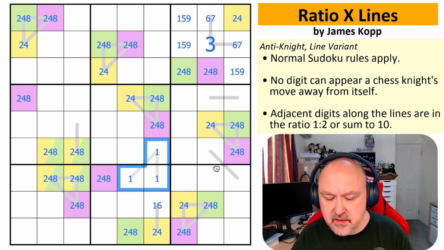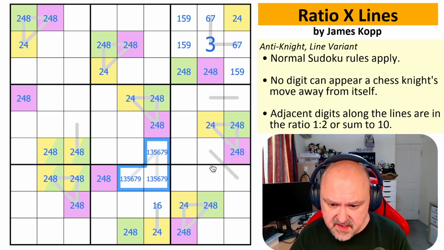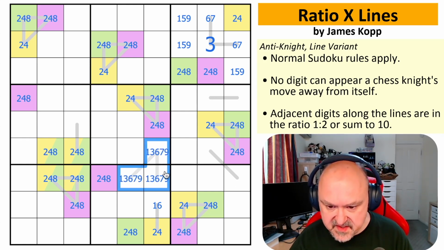So 1, can't use 2, 3, can't use 4, 5, 6, 7, 9. Now, I can't put 5 on it because 5 is in a relationship only with 5. So it'd be 5, 5, 5, and I'd end up with 5s in the box. So 5 disappears, and this is starting to look a lot more reasonable.